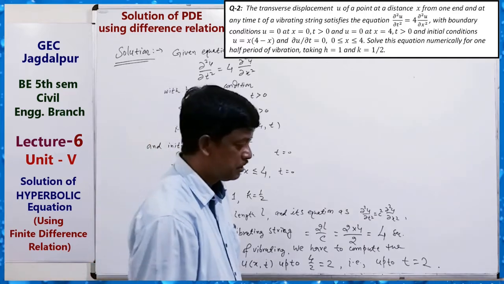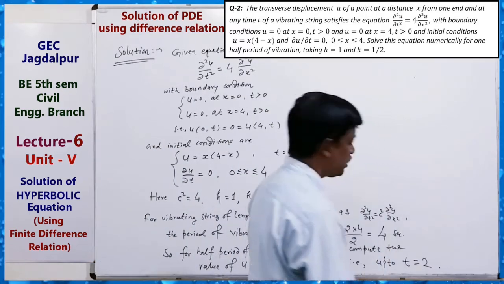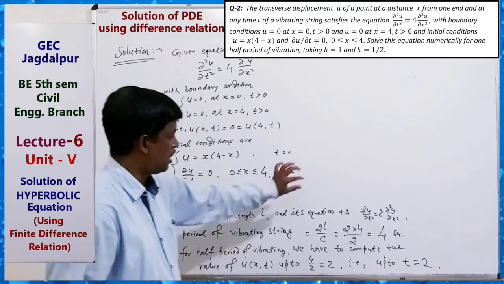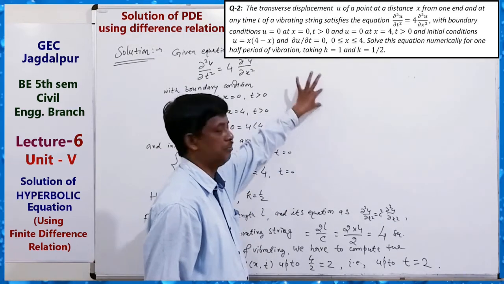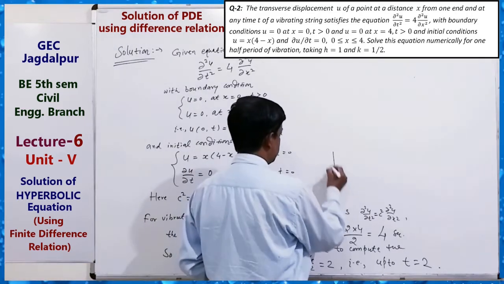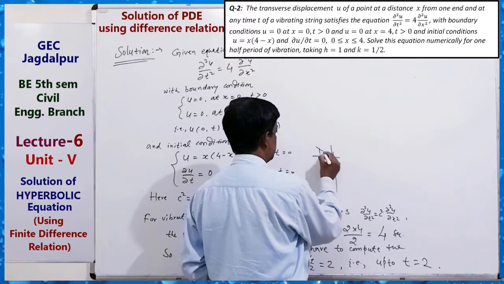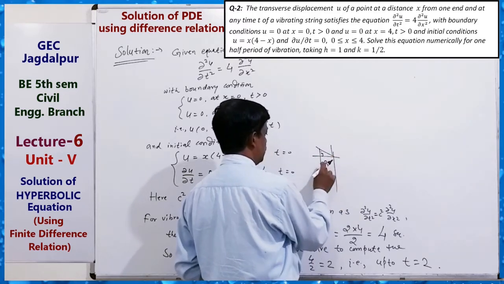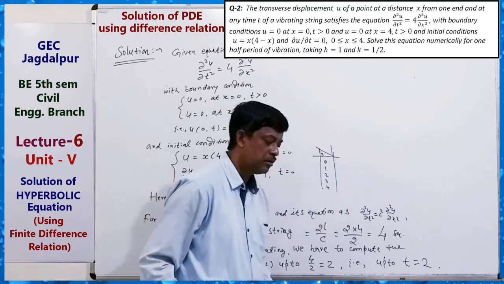That means, since k length is half, our columns will be for values j equals 0, 1, 2, 3, 4. Clear?